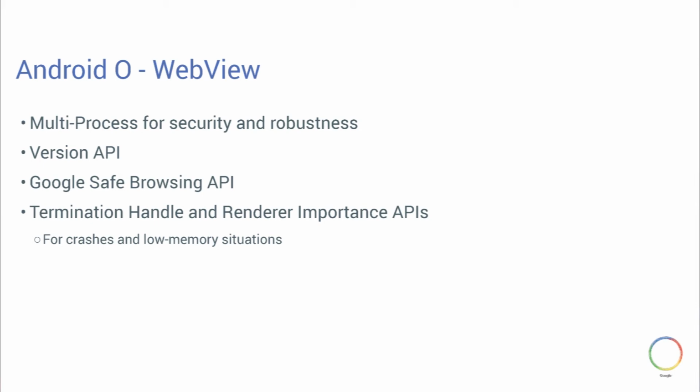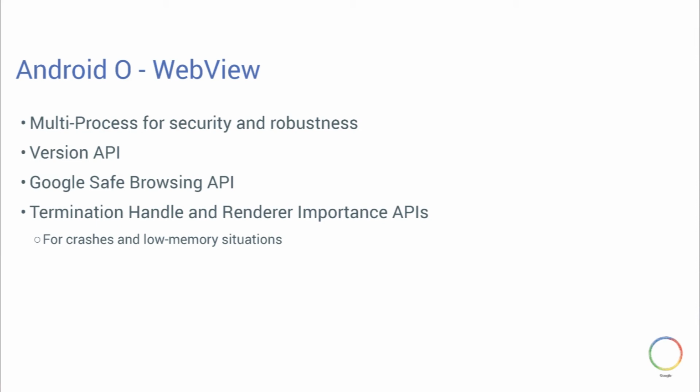And now Chrome WebView supports Google Safe Browsing. Finally, we add some additional APIs so that you can handle the case when the system reclaims the WebView before the crash. You can now have APIs to handle some post-processing.